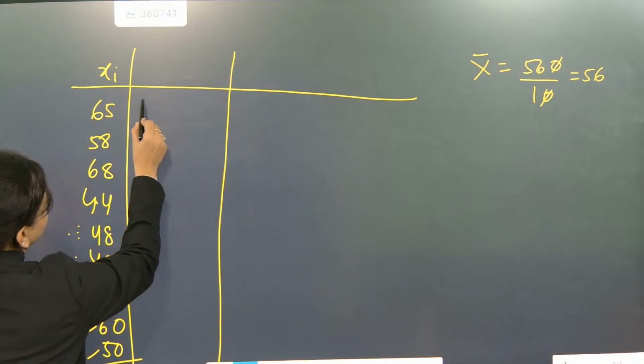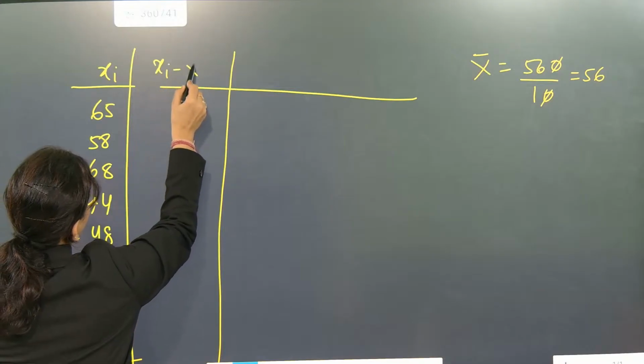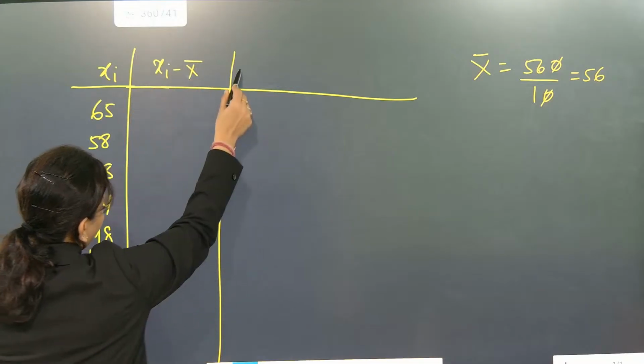So first what we will do? Xi minus mean we have to find first. After that we will get the variance.